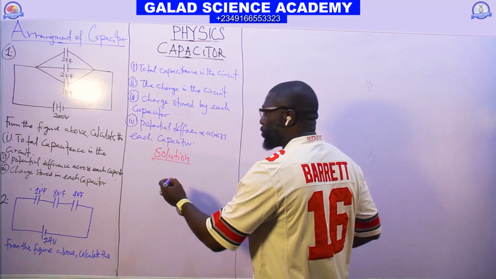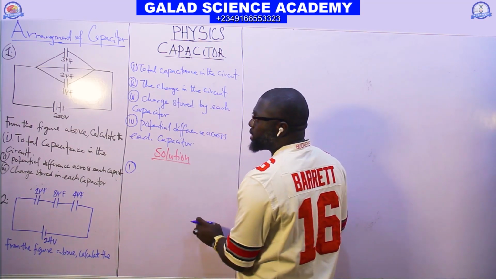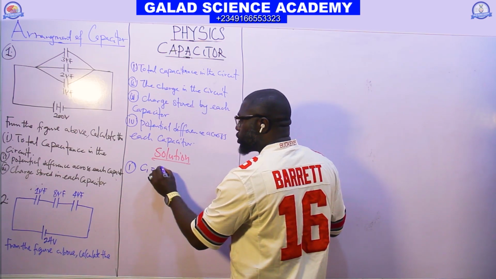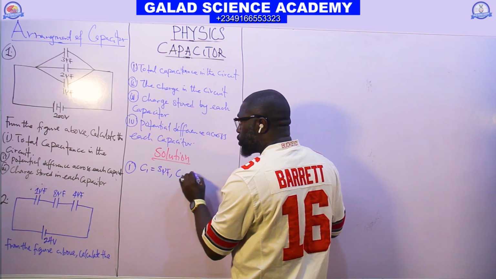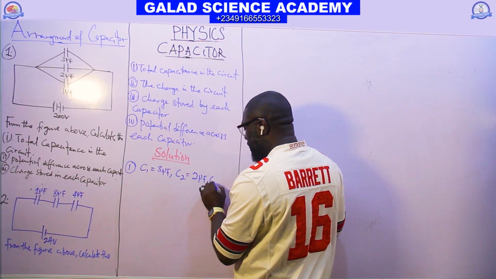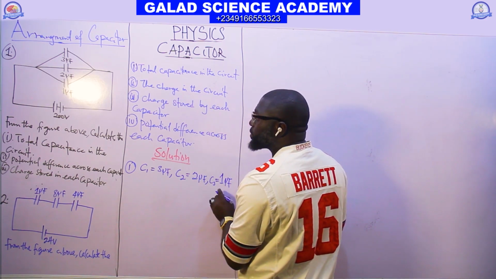Solution. To solve this kind of question, we are given C1 to be 3 microfarad, C2 to be 2 microfarad, and C3 to be 1 microfarad.